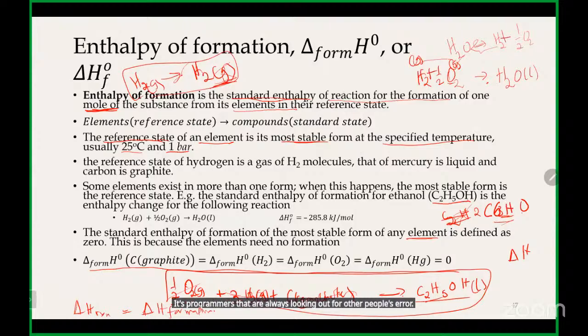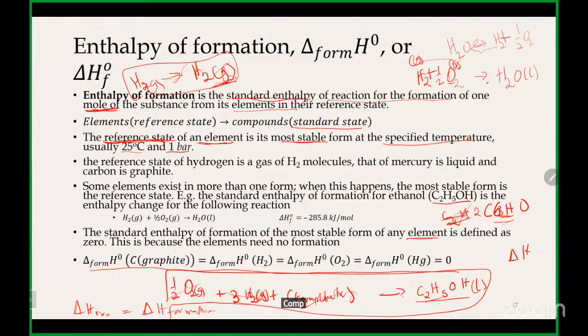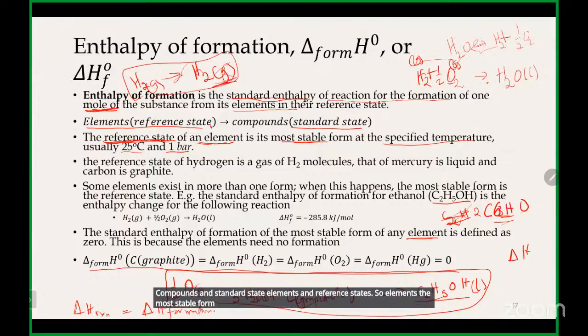So we are looking at reference states of elements. It's different from standard state. Compounds are in standard state, elements are in reference states. So for elements, it is the most stable form that you have. Somebody asked, are we supposed to memorize the values of formation?